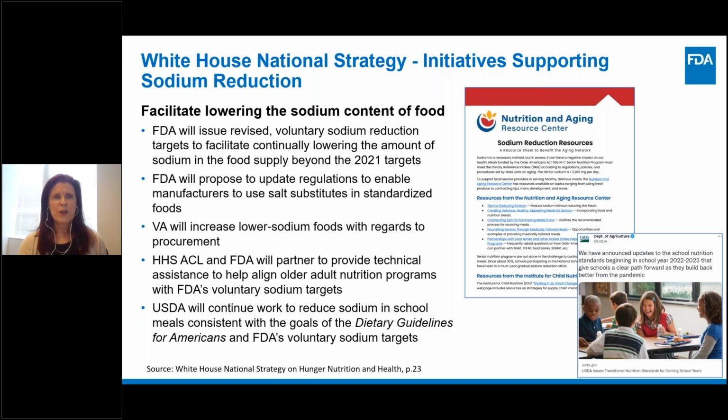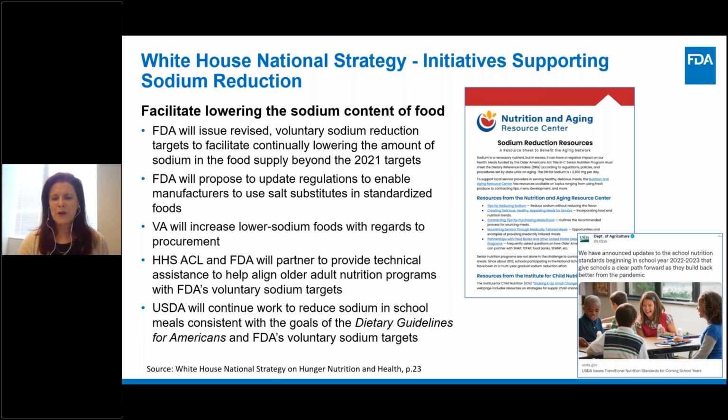Also, the Administration for Community Living, ACL, which is an agency within the Department of Health and Human Services, and FDA will partner to provide technical assistance to help align the older adult nutrition program. These are ACL funds for the senior nutrition programs, such as Meals on Wheels. So millions of meals, nutrition assistance, are provided to our older adult population.